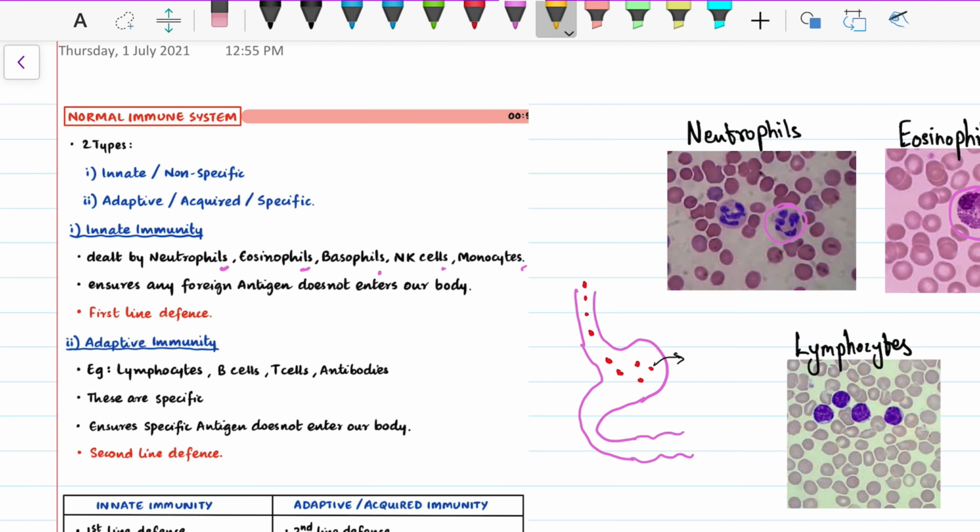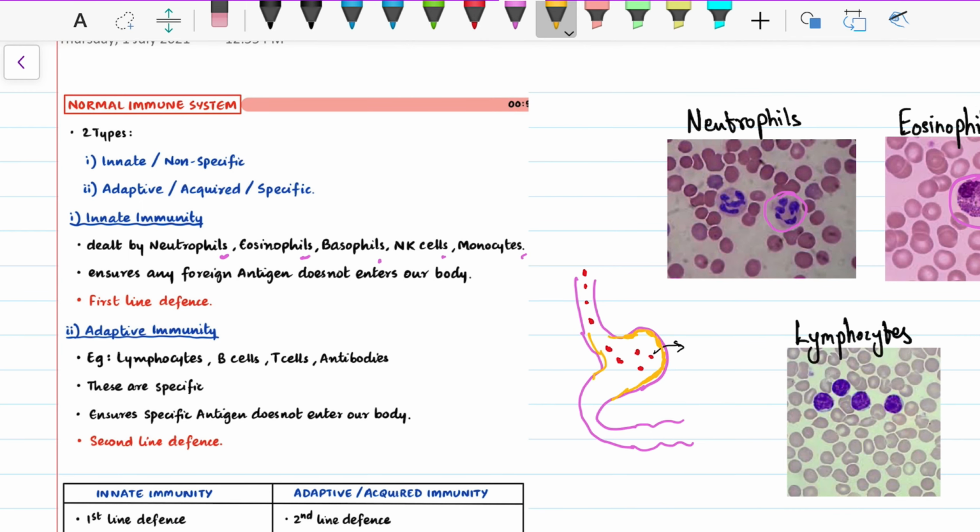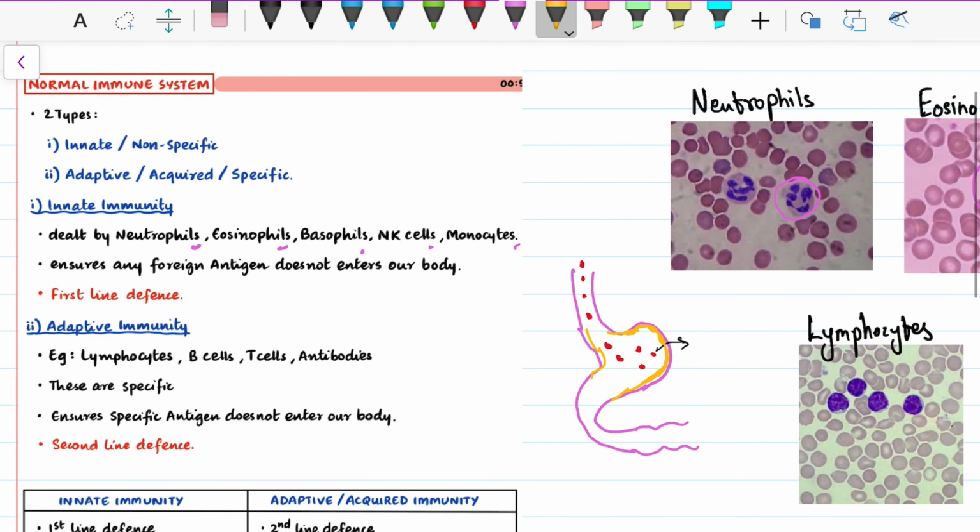For example, our stomach releases acids, and there are these mucosal layers and all, and this prevents that. This is non-specific. As you know, let it be antigen type A, antigen type B, or antigen type C, anything that comes inside is basically blocked.